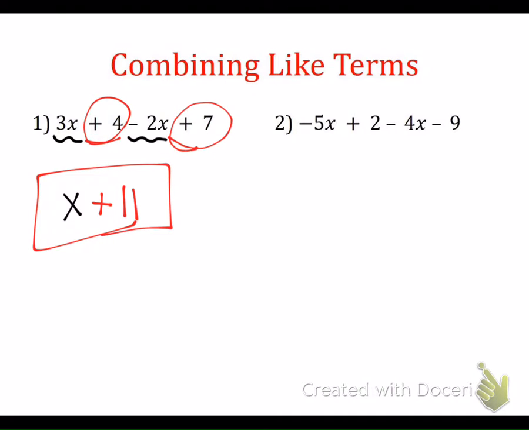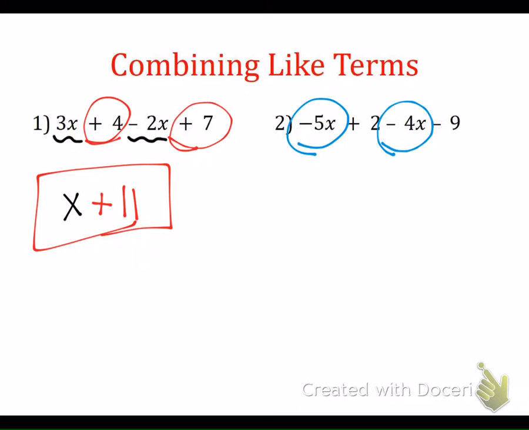All right, raise your hand if you have questions on number 1. Number 2. Yes. -5x and -4x. Very good. When you're adding two negatives, you get a negative. Wait. Hold on. No, I think that's multiply. You are right. When you multiply two negatives, you get a positive.